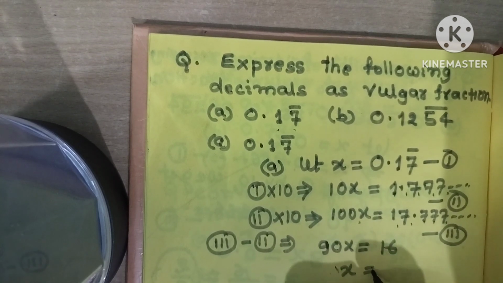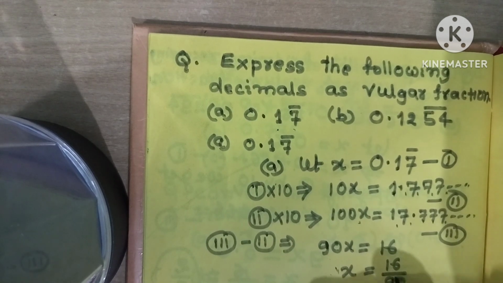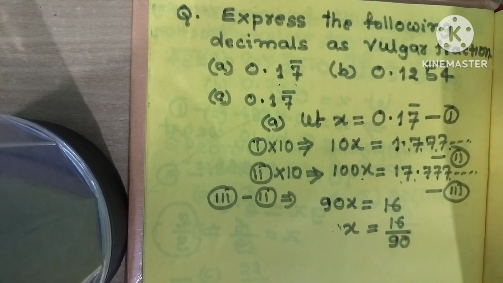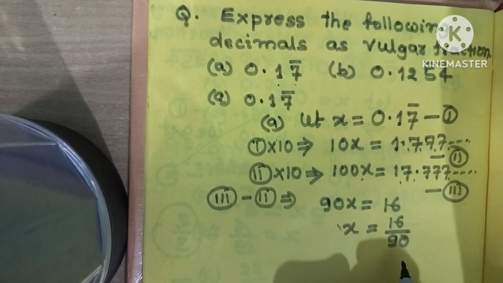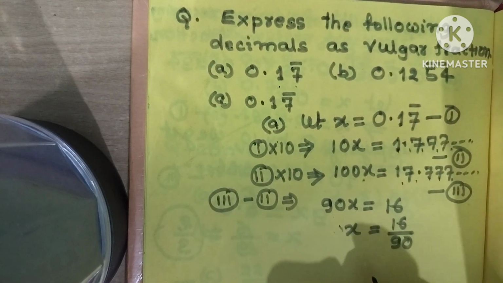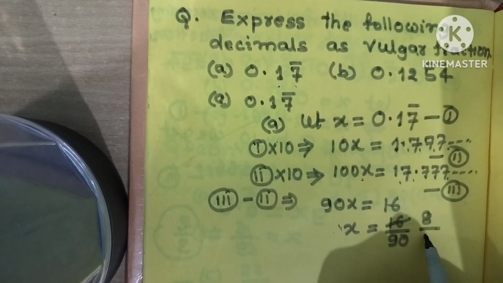So x is equal to 16 by 90, and this can be changed to the simpler form, that is 8 by 45.